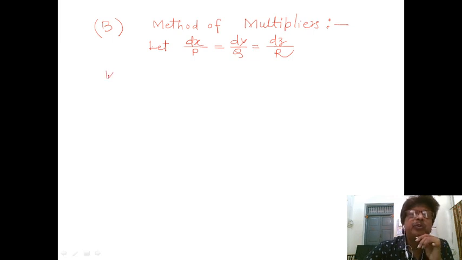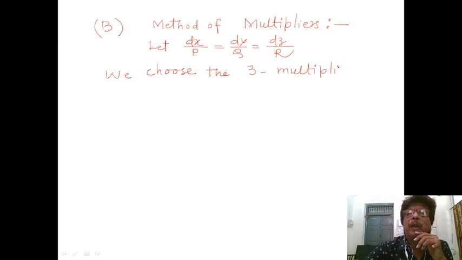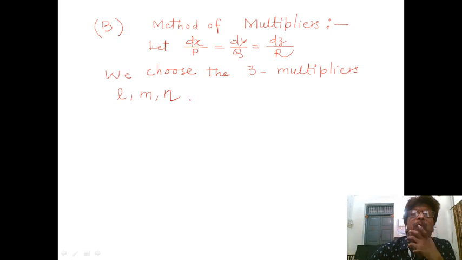Method of multipliers is you have to choose the three multipliers. We select, we find the three multipliers. We denote these multipliers by L, M, and N. Now we choose these three multipliers L, M, N such that this condition is important.